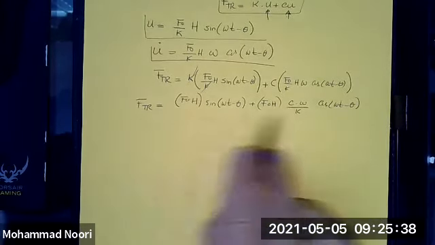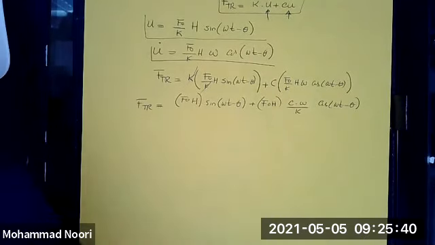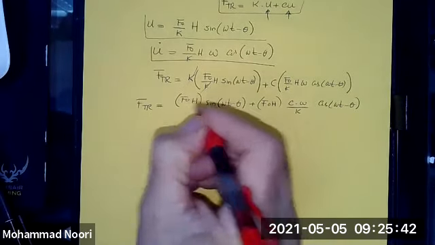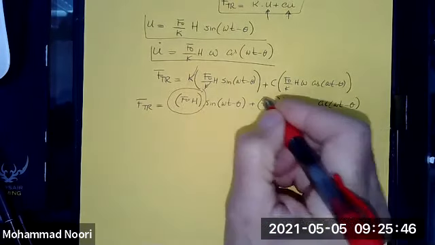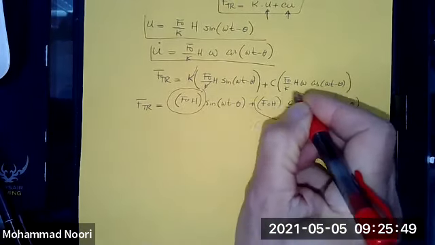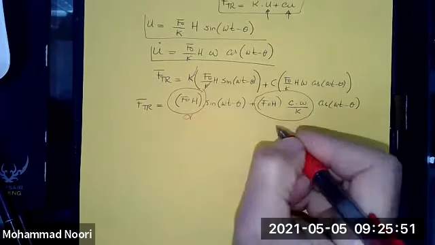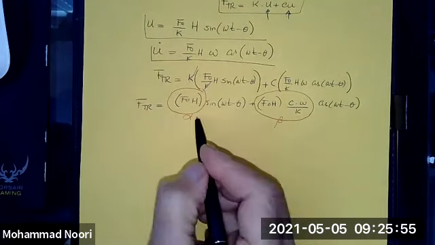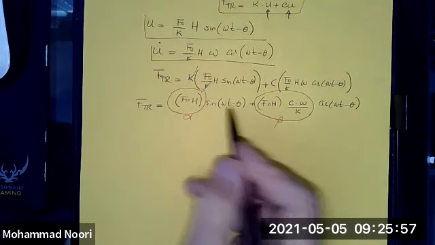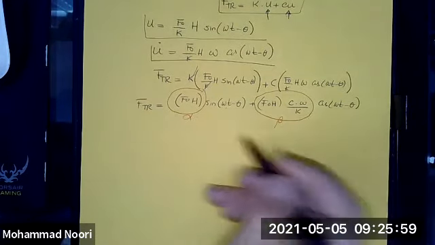But how do I find the maximum value of this? Look at these two quantities. If I call this alpha, this is beta. So you have alpha times the sine of a function, beta times cosine of a function.